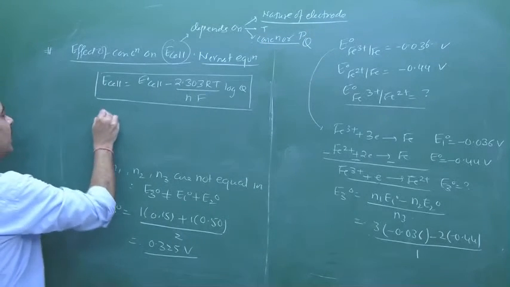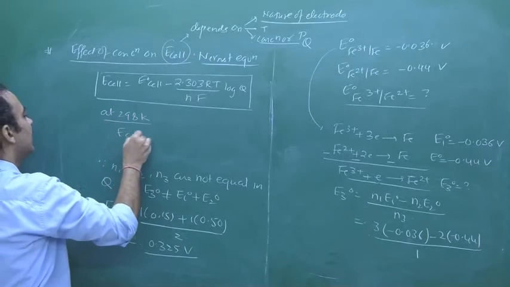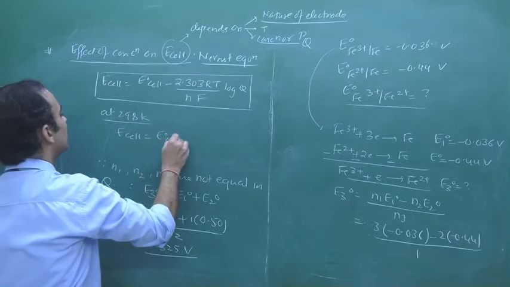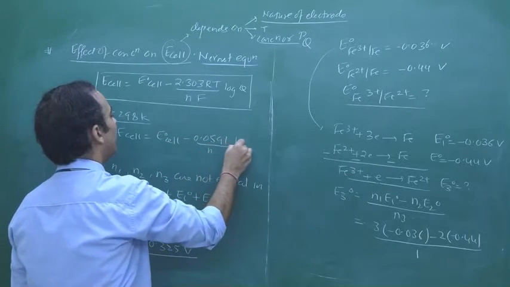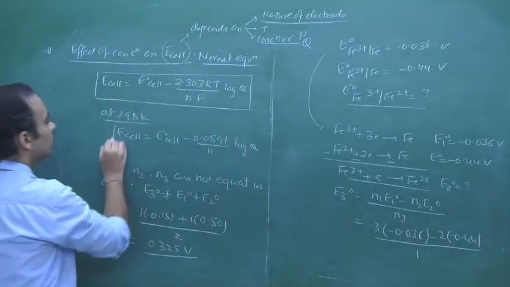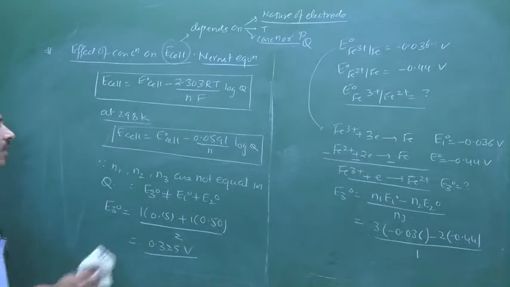Now at 298 Kelvin we may write this as E cell equals E naught cell minus 0.0591 upon N log of Q. Log of Q. Is it clear, beta?